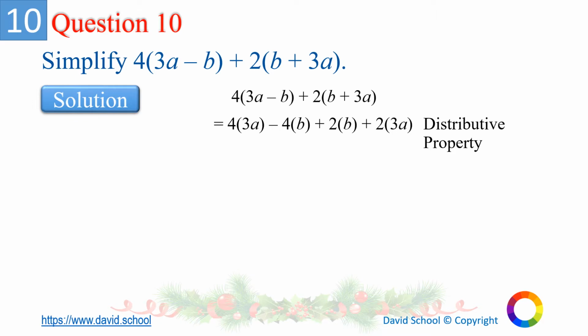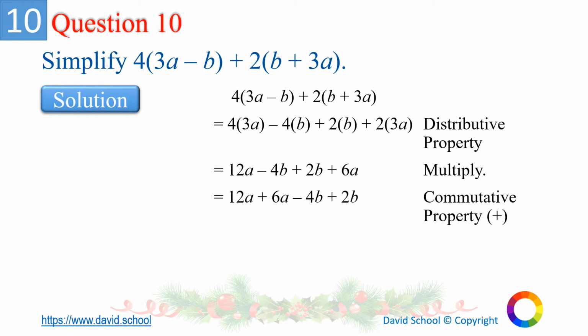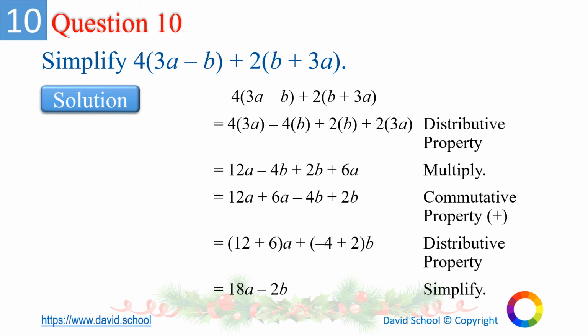Now multiply these numbers. 4 times 3, 12a minus 4b plus 2b plus 6a. Now we group the terms. 12a and 6a are similar, and negative 4b plus 2b are similar, or like terms, so we group them. And now we use the distributive property again, which is (12 plus 6) times a plus (negative 4 plus 2) times b, which is 18a minus 2b.